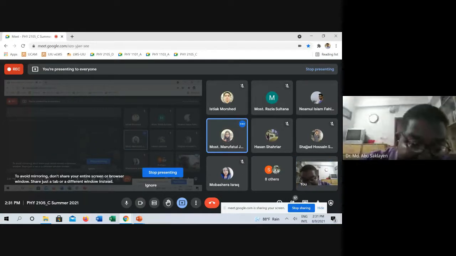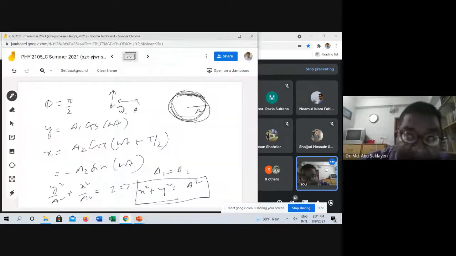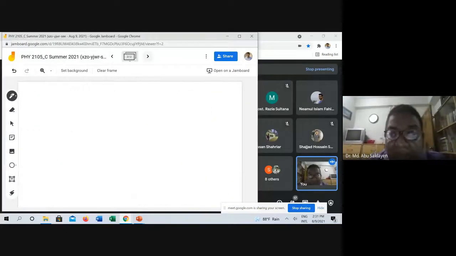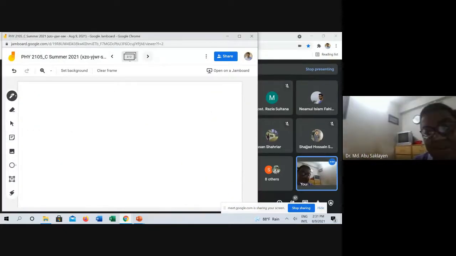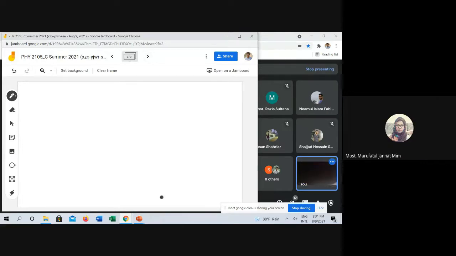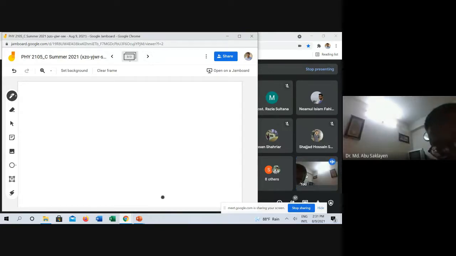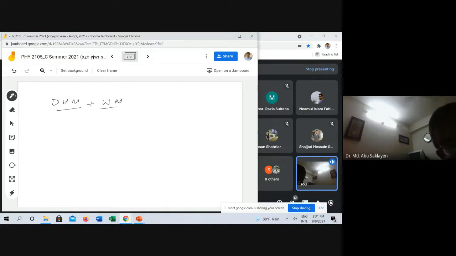হ্যাঁ, সিটি এটা আমরা সিলেবাসটা কি বলেছিলাম লাস্ট ক্লাসে? এটাই ডিএইচএম আর ওয়েভের কথা বলছিলেন। হ্যাঁ, এটা ওয়েভের মধ্যে ছোট একটা পার্ট। SHM plus wave motion, and Lissajous figure is a very small part here.